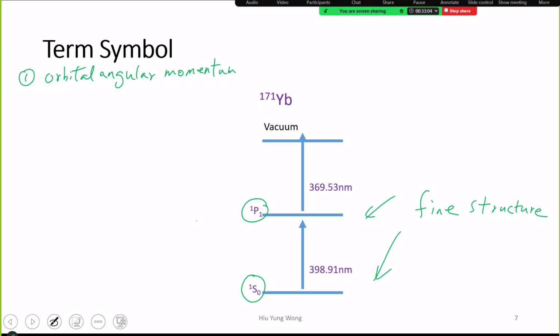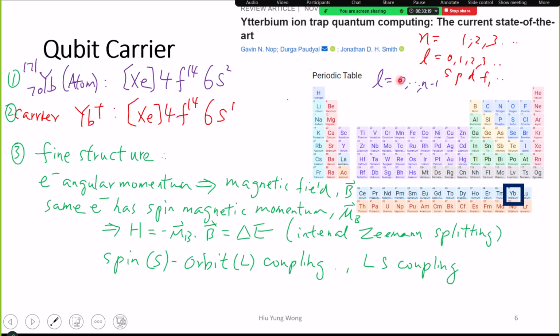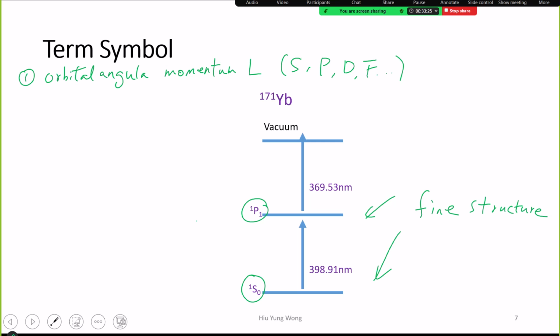I probably won't test this. L, so depends on the orbits that you have, right? It can be S, P, D, F, etc. Like this. However, it's not exactly the same as this SPDF because now the system is more complicated, but it resembles this.